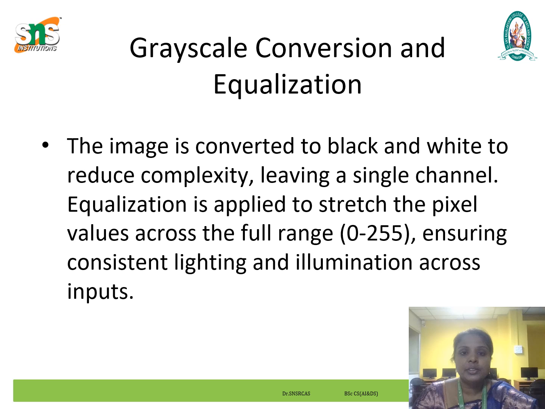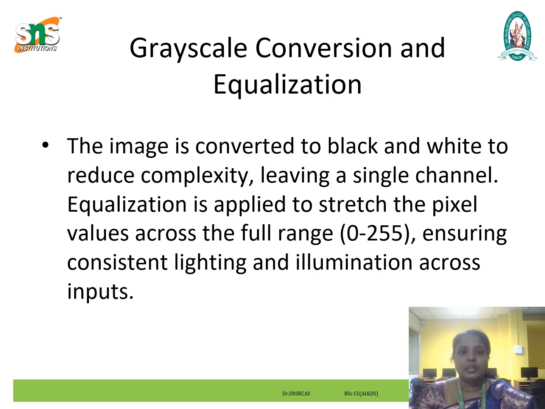Grayscale conversion reduces the complexity of the image by converting it from 3 color channels, that is RGB, to a single channel. The result is a black and white image, which retains the essential structural and intensity information while significantly reducing the amount of data the neural network needs to process. The simplification is particularly useful when color information is not critical for the task.